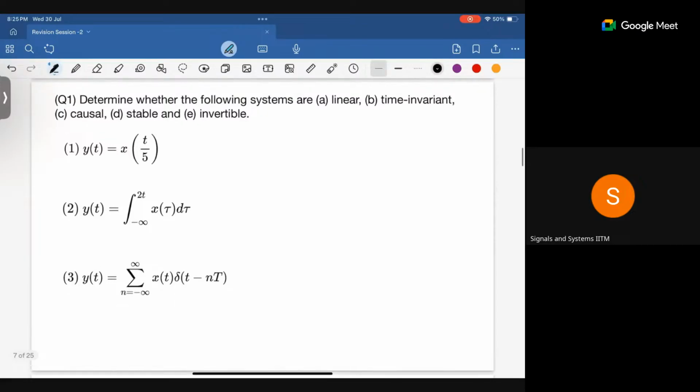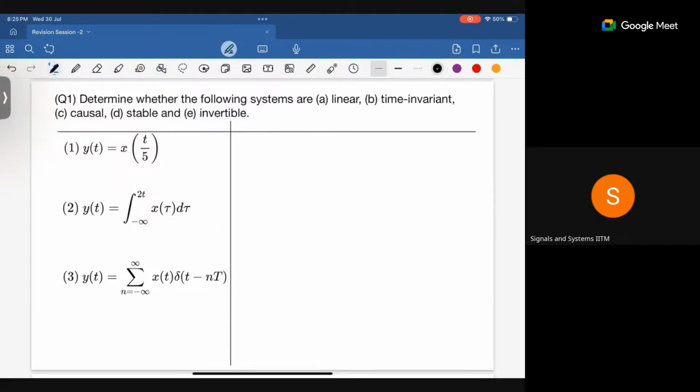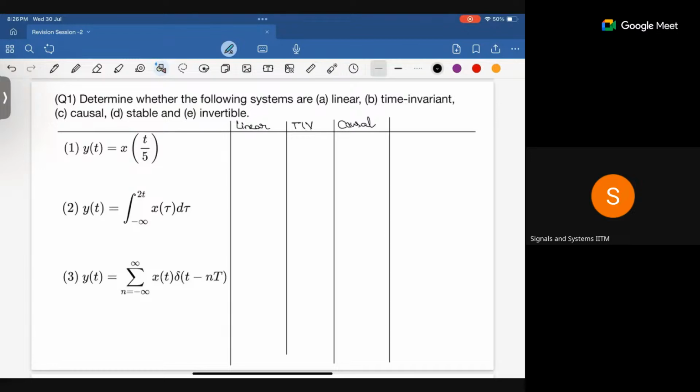We all know that. So let's try to use the conditions and comment on whether the system is linear, time invariant, causal, stable, or invertible.